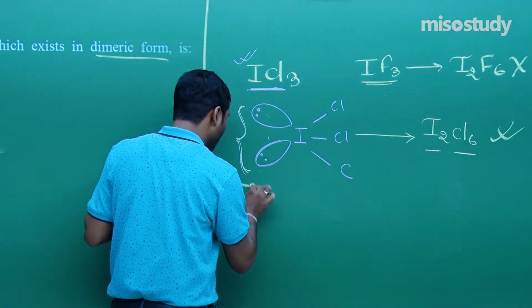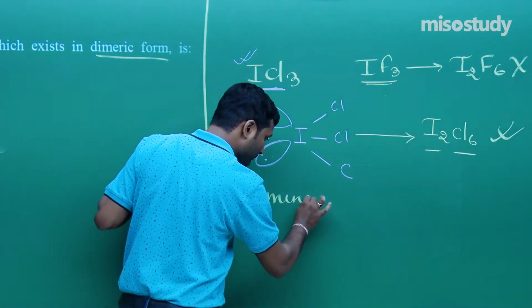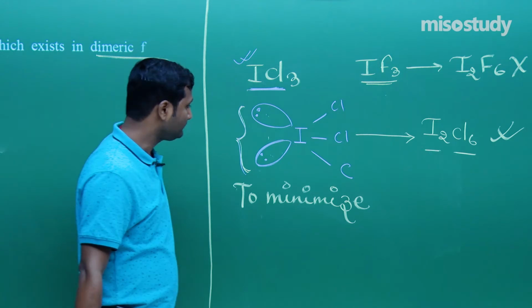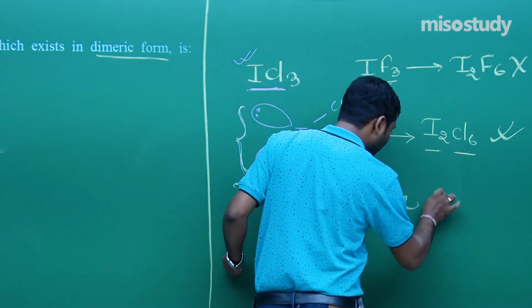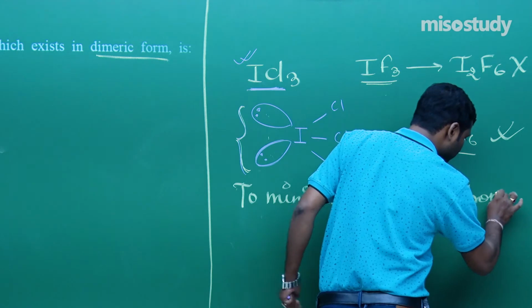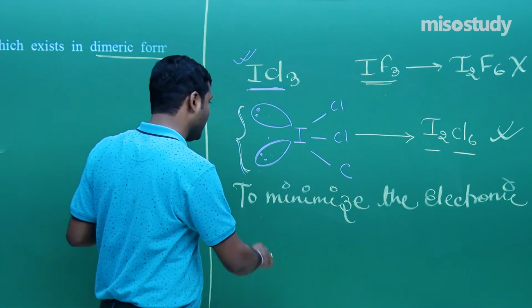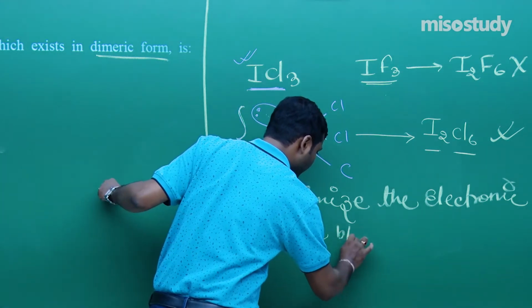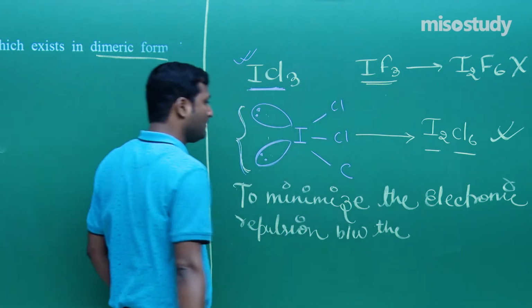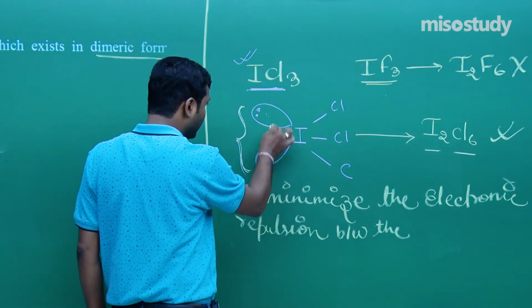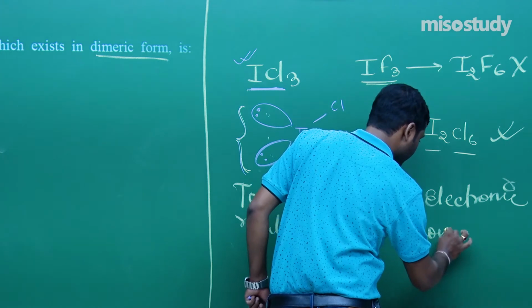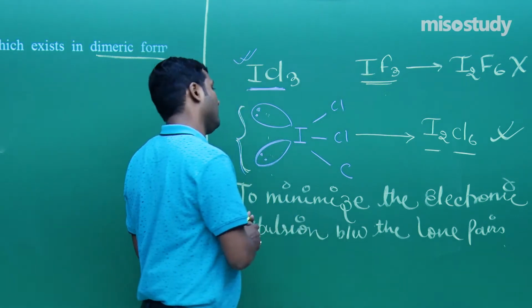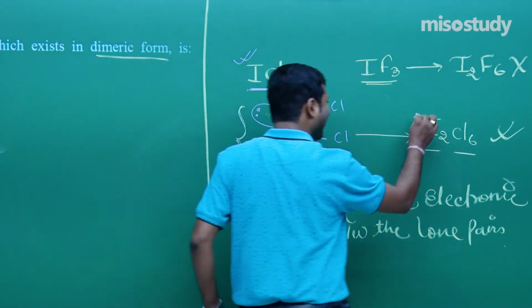Write down, to minimize the electronic repulsion between the lone pairs, they dimerize to form a dimer, that is I2Cl6.